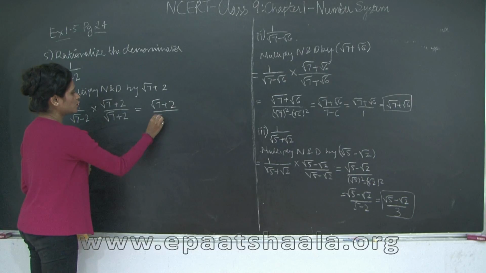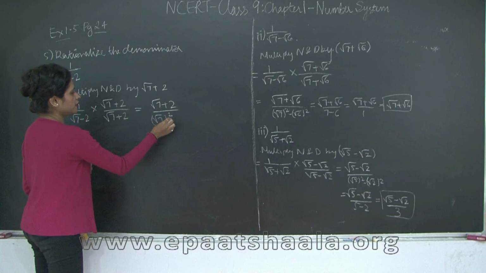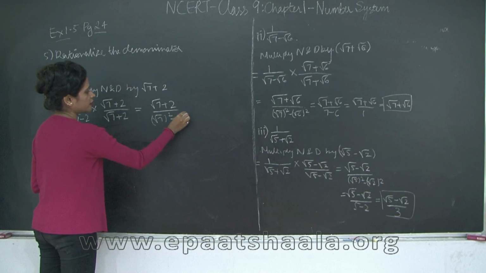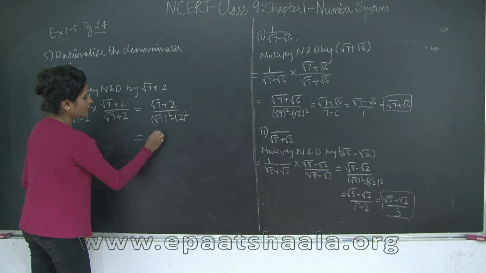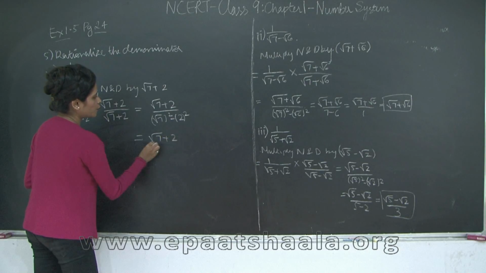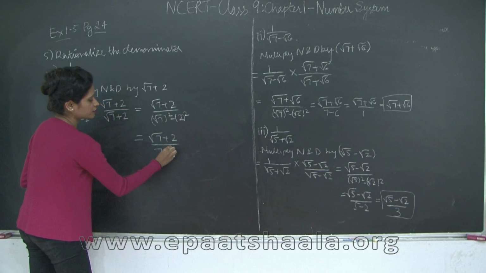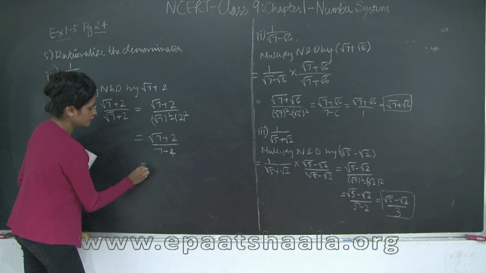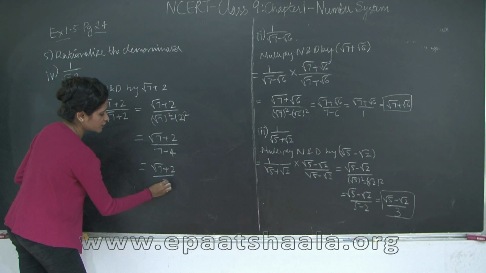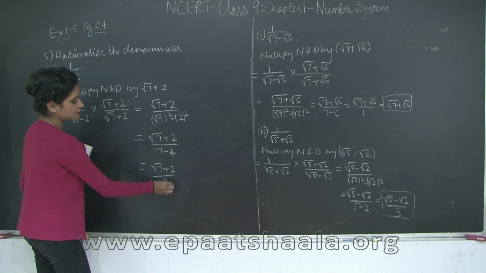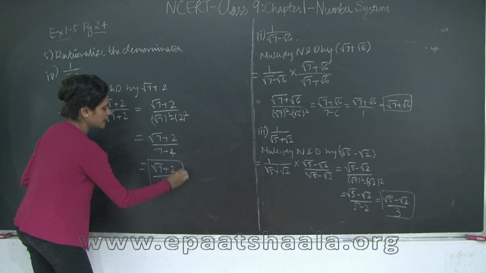So this is going to be root of 7 the whole square minus 2 square. So this is equal to root of 7 plus 2 upon 7 minus 4, which is 3. Therefore, my denominator has become rational, and this is my answer.